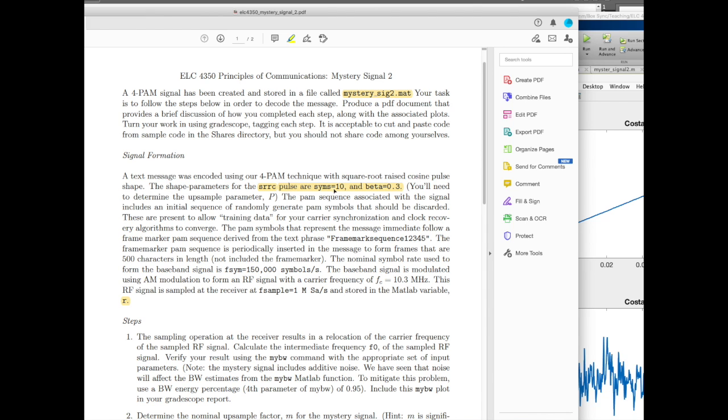You'll need to know it extends over 10 symbols and the beta is equal to 0.3. There's also this upsample factor P, and you'll have to go through the theory and figure out what to use for the upsample factor on the square root raised cosine pulse. As I'm thinking about it, there's also an offset parameter in the SRRC code. You would just use offset equal to 0.